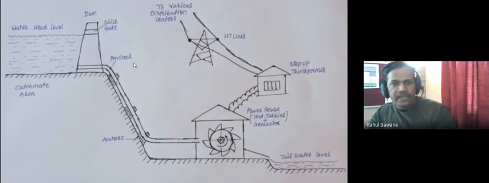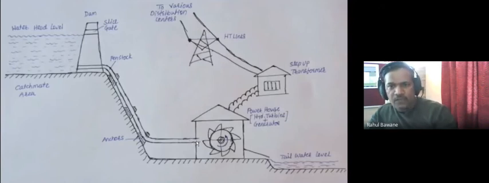Then we have a penstock, which is normally attached to the bottom of the dam, so that we can utilize the maximum potential energy stored in the dam water. When this high potential energy water flows along the slope, the potential energy gets converted into kinetic energy, and this high kinetic energy, a high velocity jet, is used to run the turbine in a powerhouse.